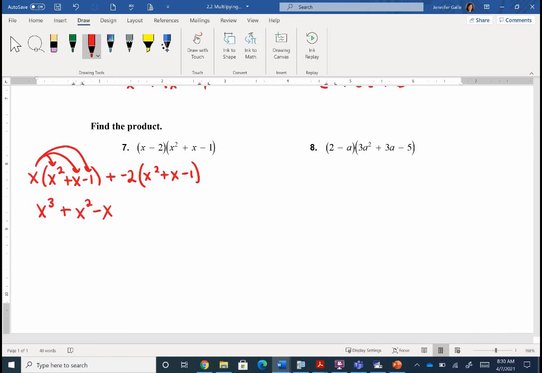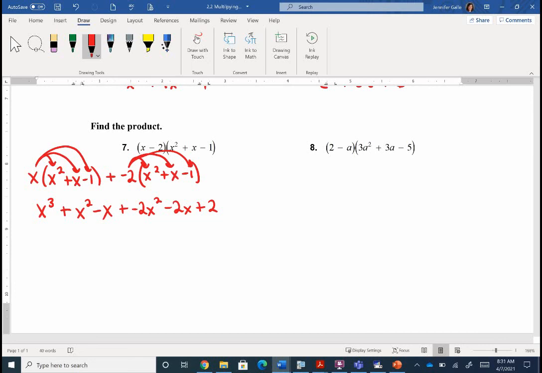And then you do your second set. We're going to get a -2x squared. We're going to get a -2x. And a +2. So again, this is like our first method. I took the x from the binomial and distributed it to the trinomial.